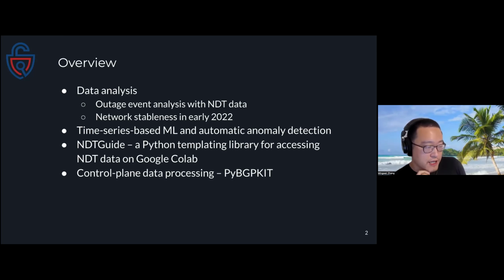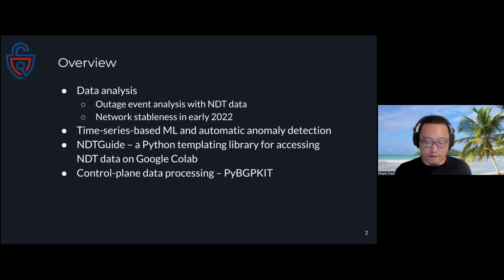And lastly, some of the work that I've done during the fellowship is expanding how we can access the control plane data directly in any Python script or Jupyter notebook. This will be helpful for further analysis of control plane data or events.